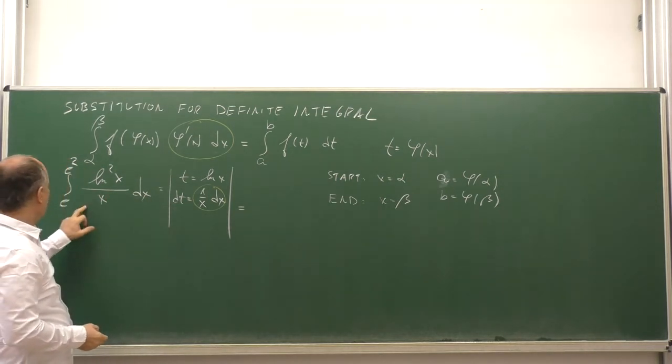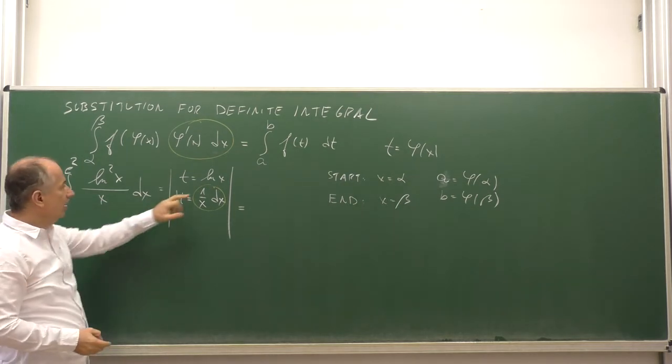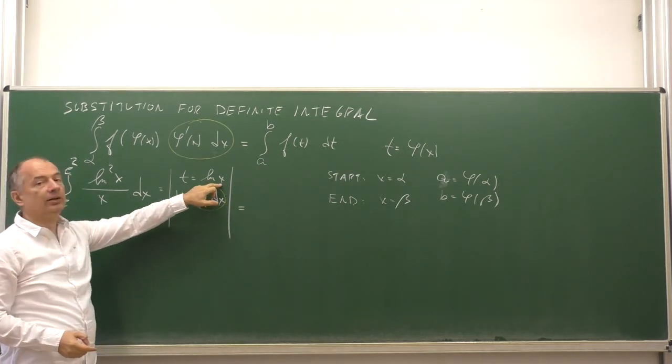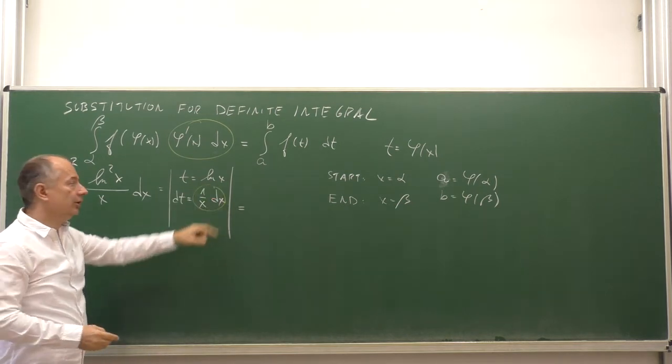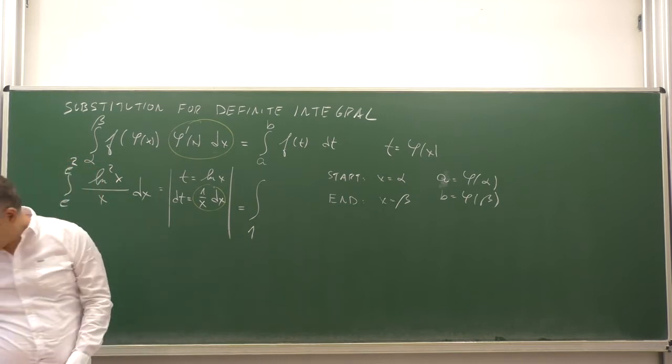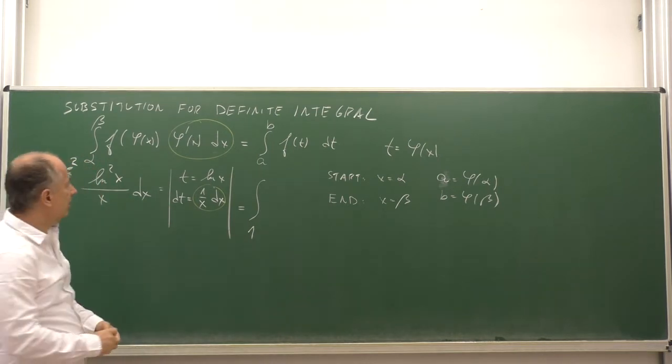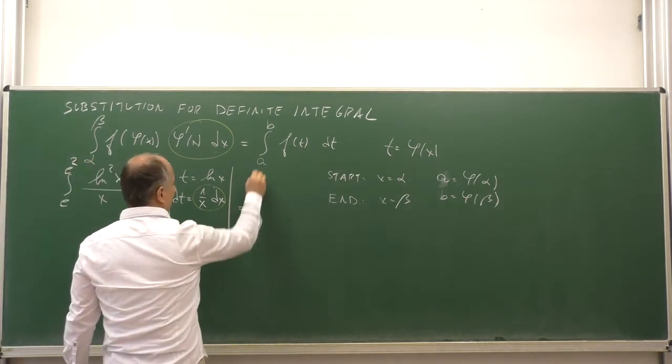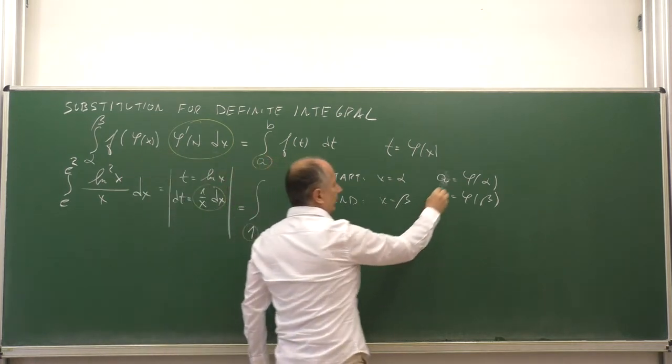If x starts at e, then t starts at logarithm of e, which is 1. 1 is now a, which was here.